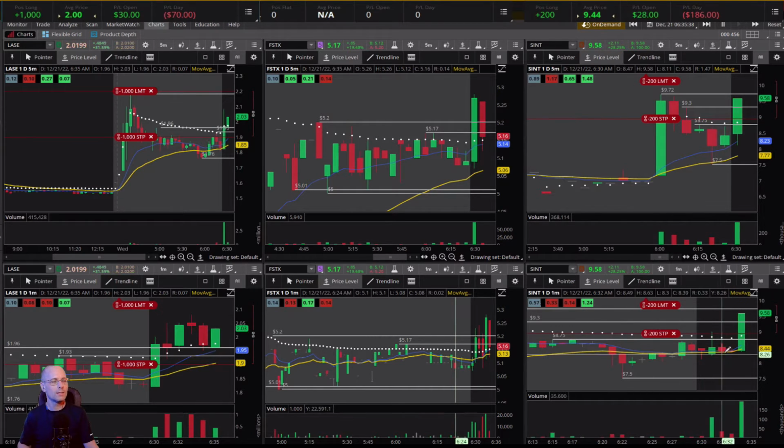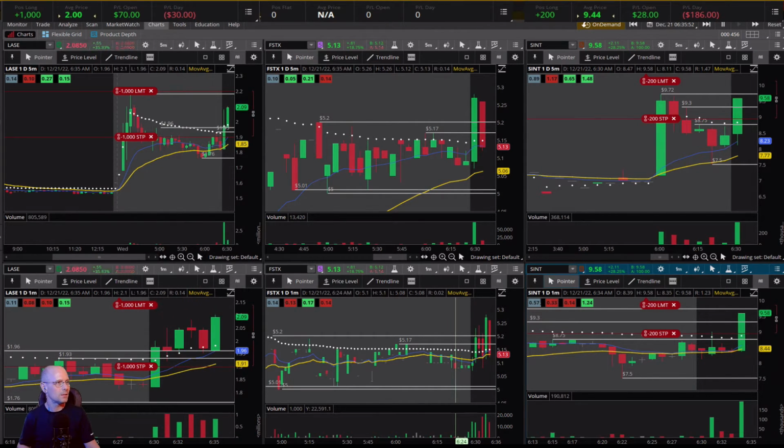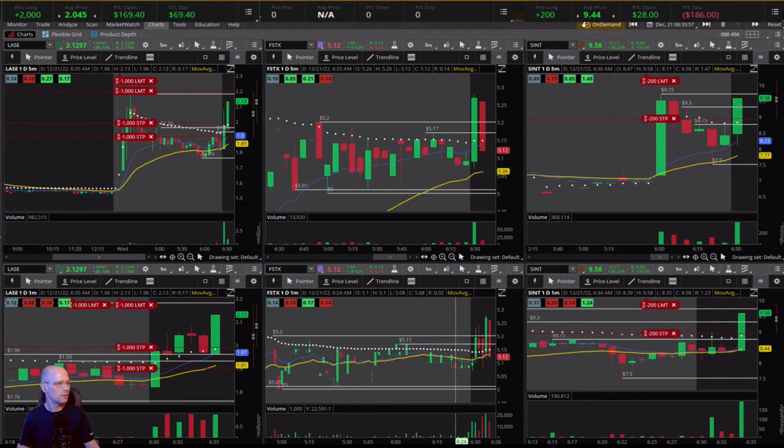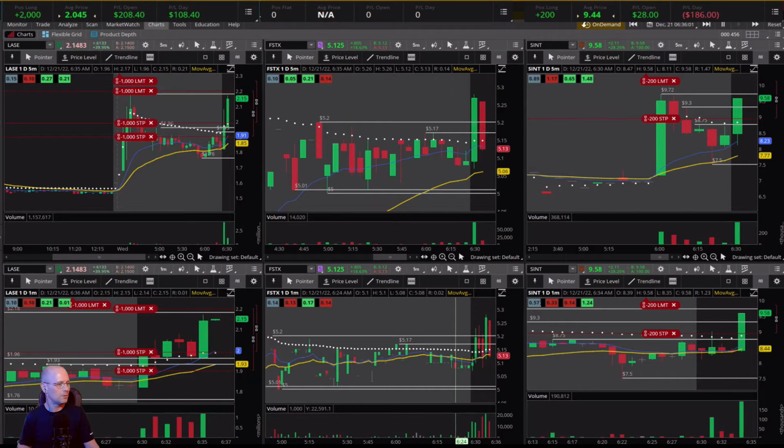With SINT making the move it was making, I really wanted to get in that. And now it's halted, and I'm in it at the halt. I can add to SINT if I want here, which I did. So you get that move up to 220.